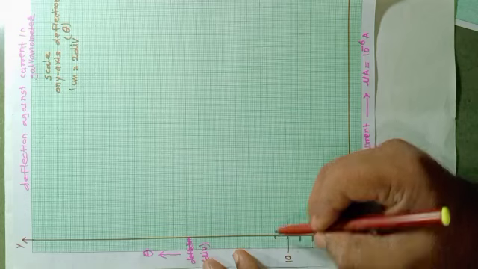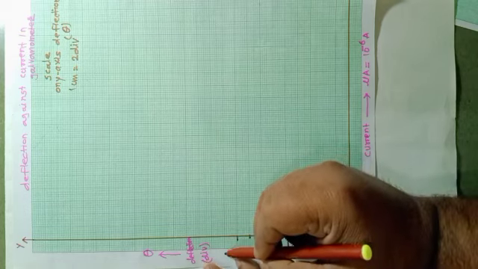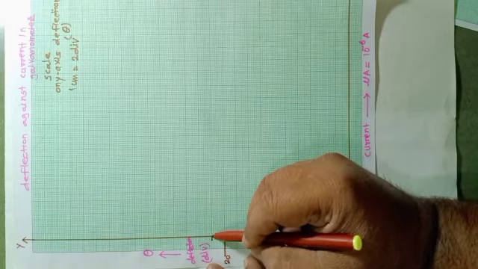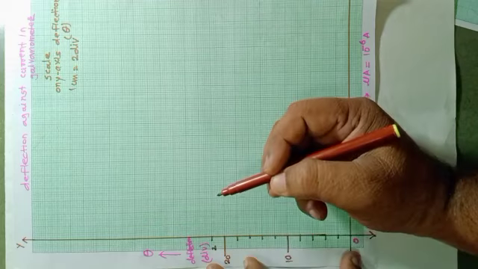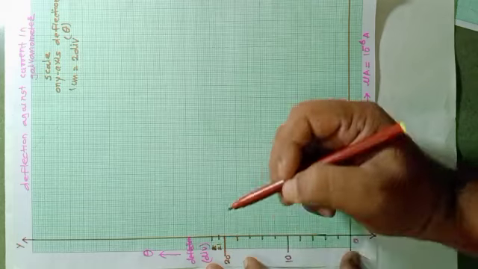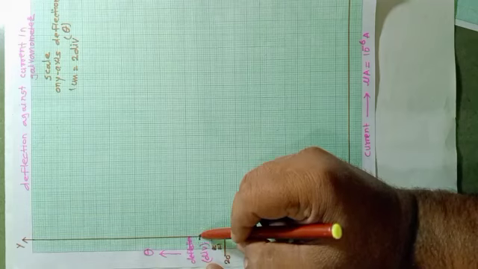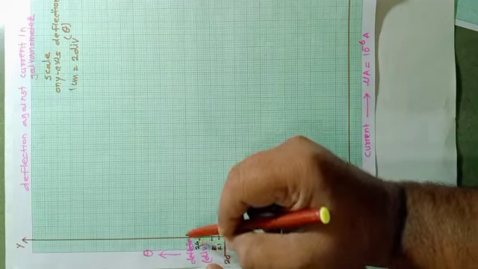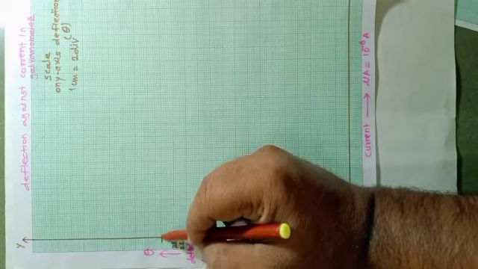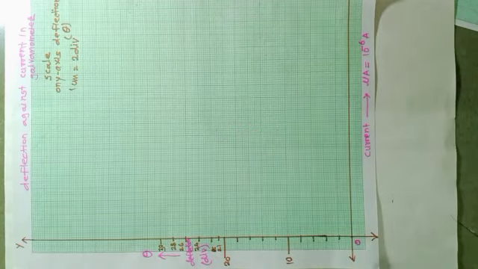Again 12, 14, 16, 18, 20 division. So here 20, here 21 is there, between 20 and 22, 22, and here 24, again 26, 28 and 30. These are represented on y-axis.